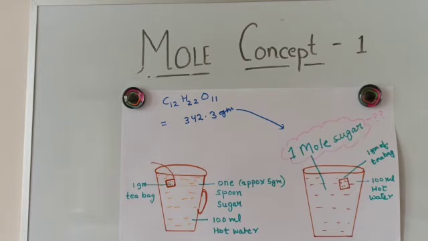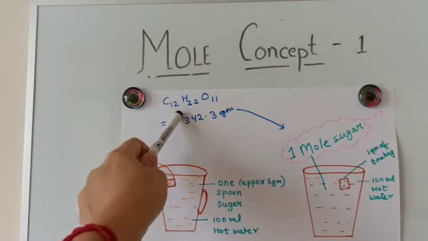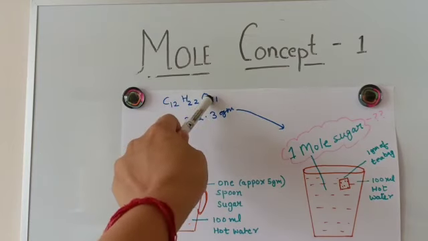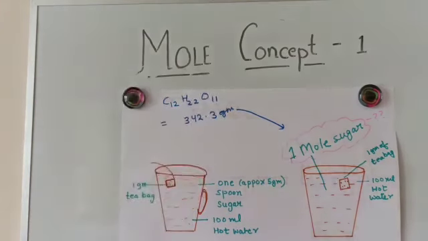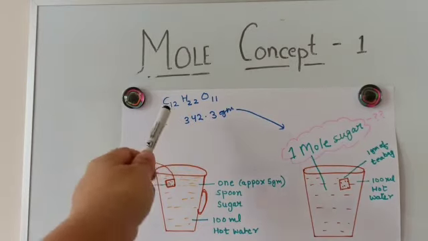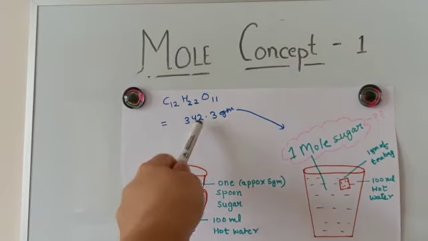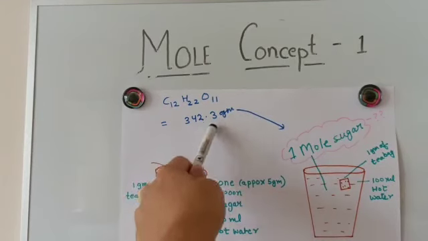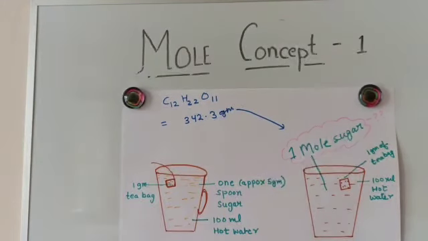You know that sugar has molecular formula C12H22O11. When you calculate the molecular mass, as I told you, it will come out 342, that means 342.3 grams.